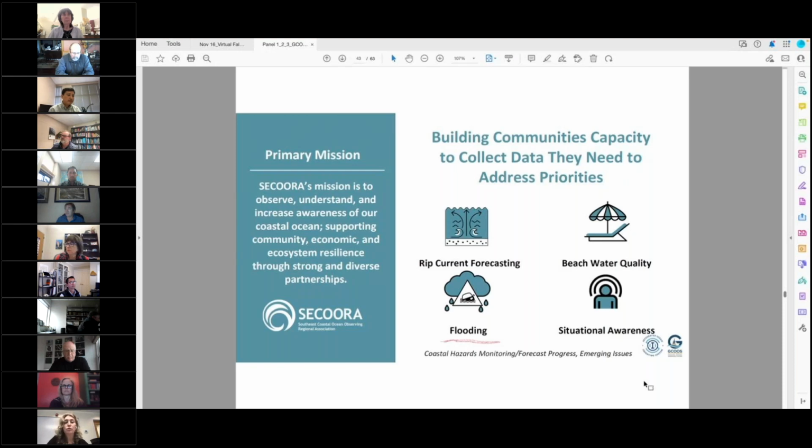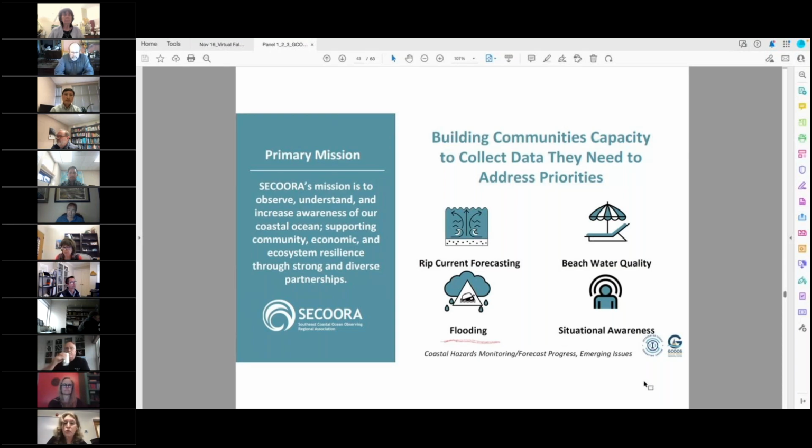When it comes to coastal hazards, which is the topic of this panel, I decided to leave off the gorilla in the room, hurricanes, which I know a lot of the previous speakers have addressed, and also not to speak directly to climate change and the sea level rise associated with it.